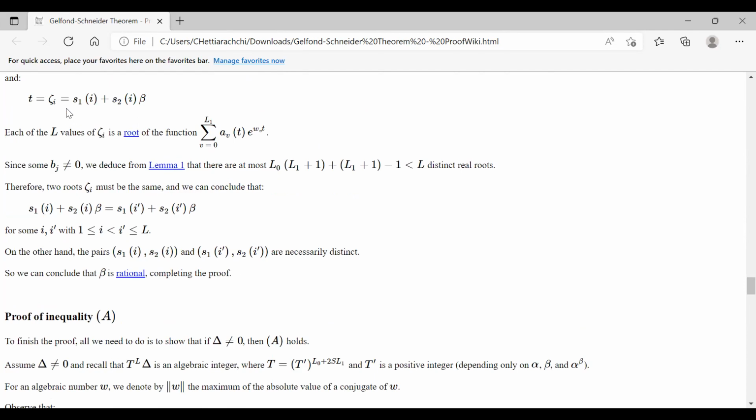So these are the roots, and two of them, for some i and i prime, must be the same, which will show that beta is, remember, s_1i, s_2i, s_1i', s_2i' are all non-negative integers, so beta is going to be a rational number.